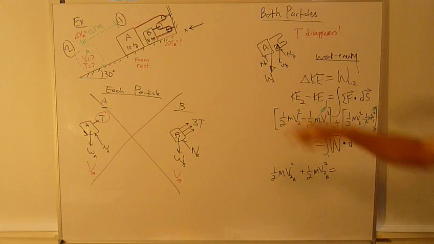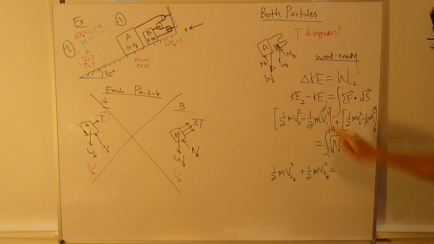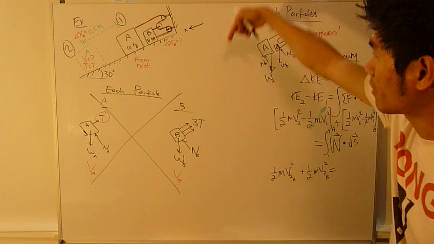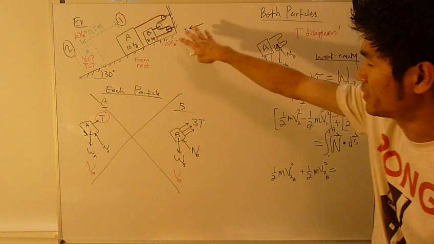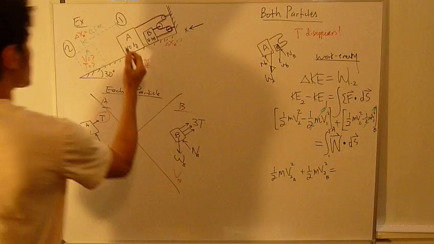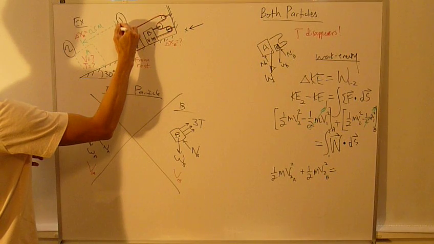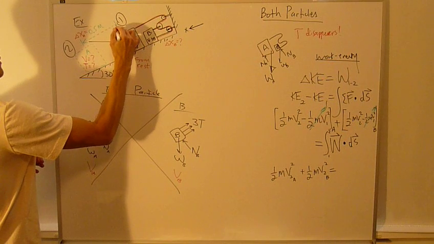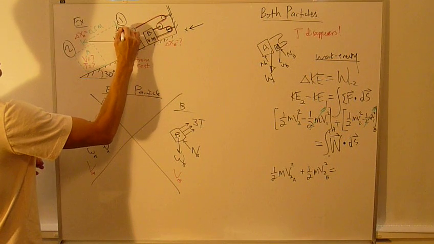Now, the weight vector comes down. Since this is a dot product, the ds, the change of distance, is the vertical component of the change of distance, which is this right here. So this is delta y.